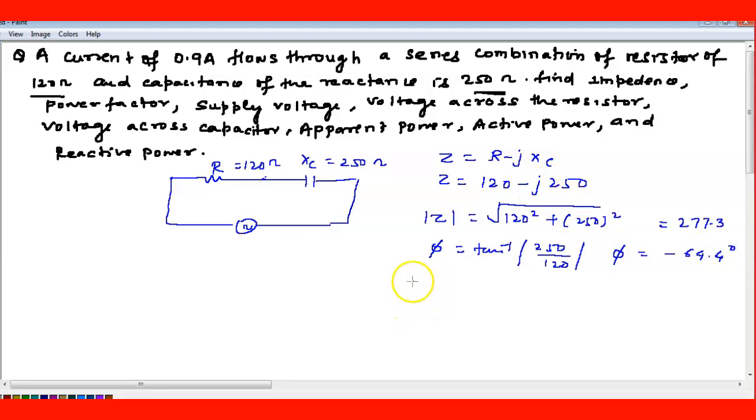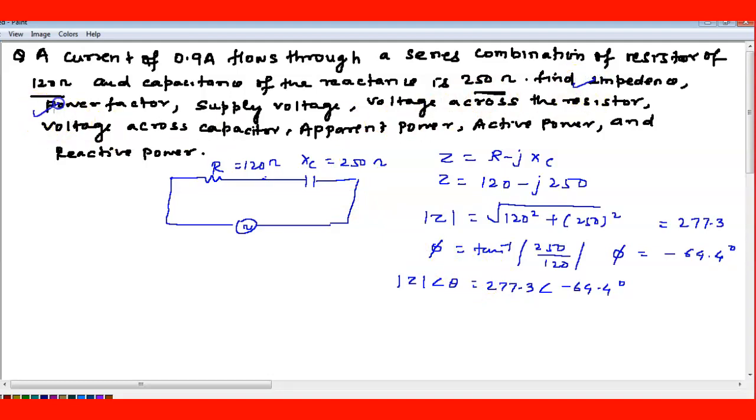So the impedance is 277.3 and the angle is minus 64.4. If you have any confusion, you can go to the previous chapter and check what we have found, we have already done this before. So we got the impedance here.